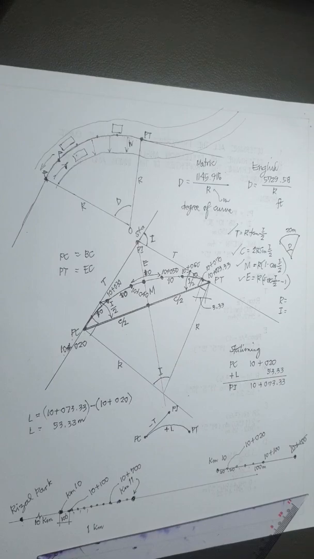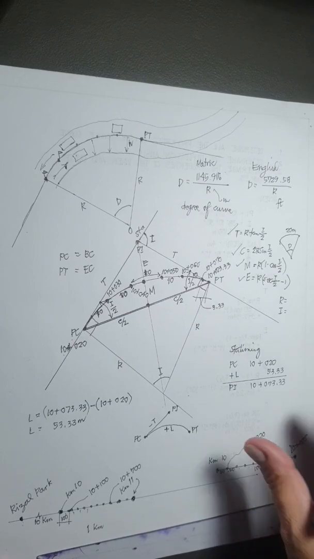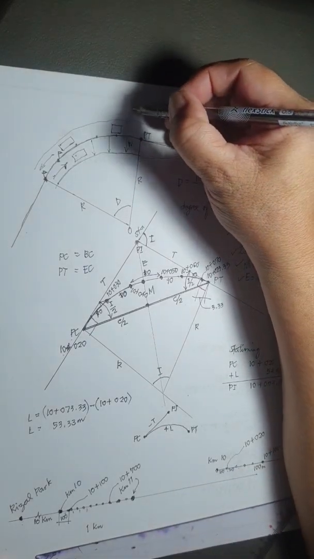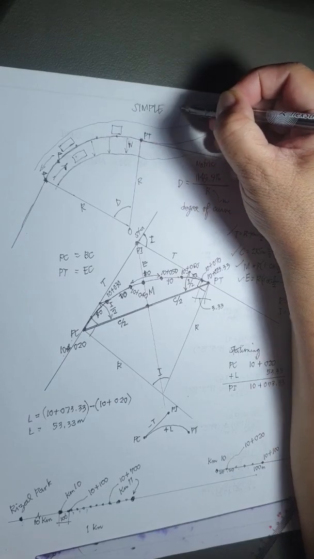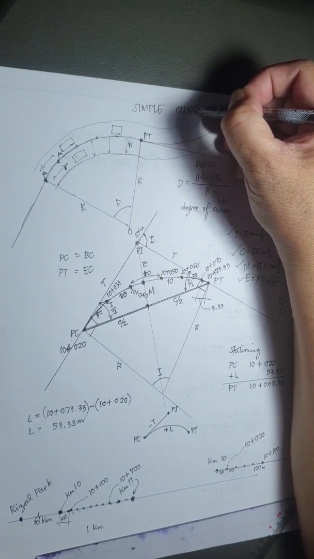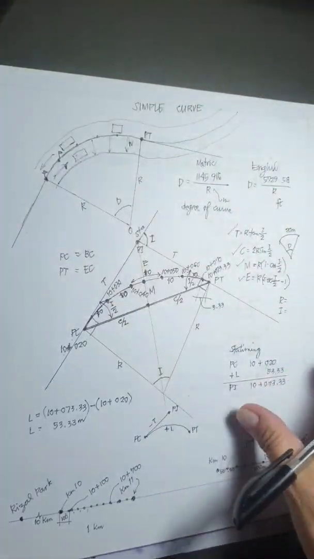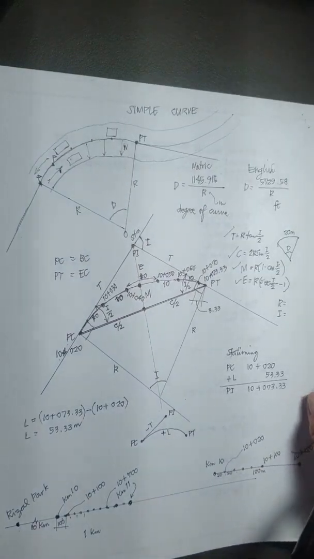Now, yung susunod nating lesson, meron tayong lesson which involves yung compound curve. Okay? So, actually, this is your simple curve. It's just your simple curve. Yung compound curve, ganyan rin yung kwento nun.